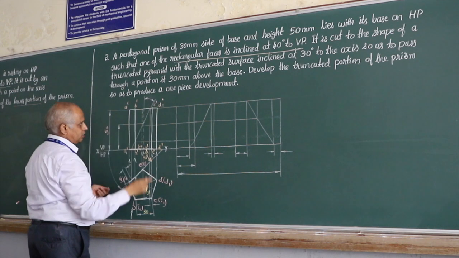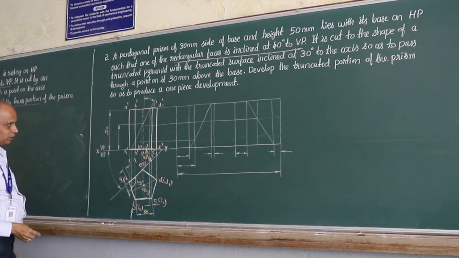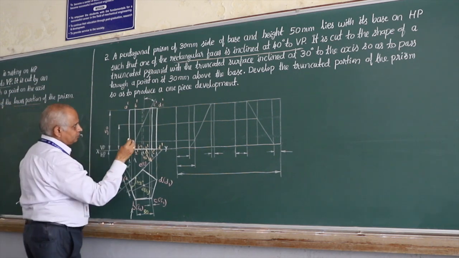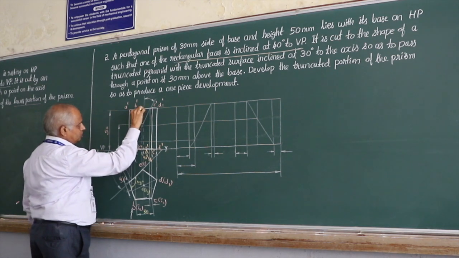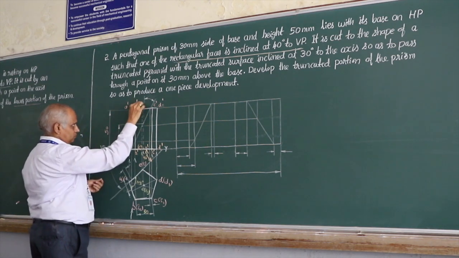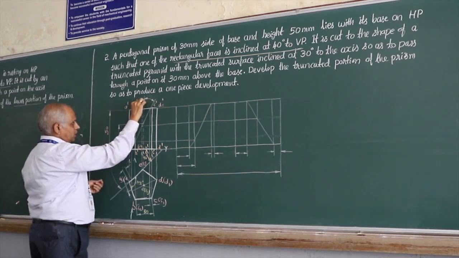The top face is without subscript, and E is here. This point is E dash. It is invisible in front.